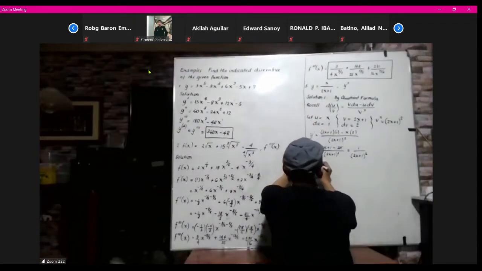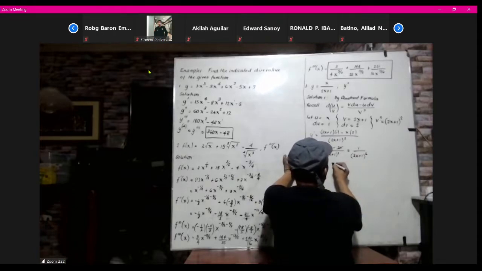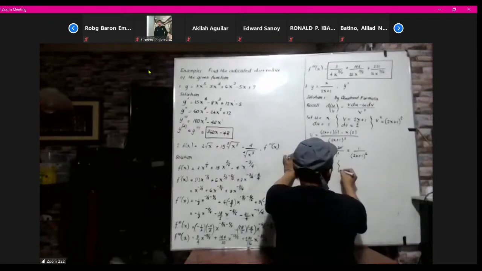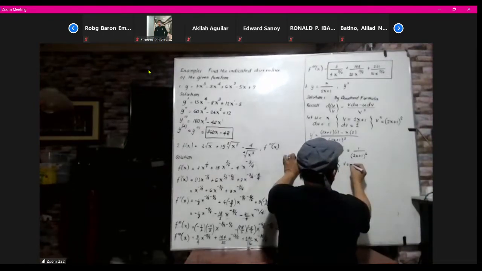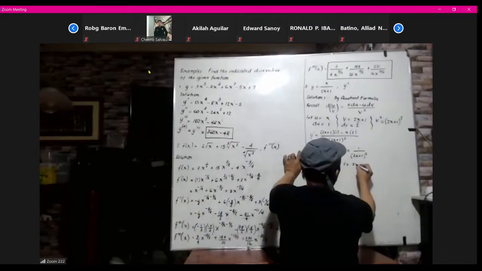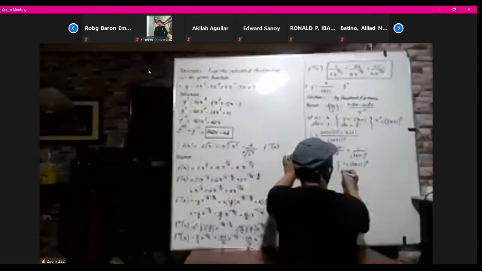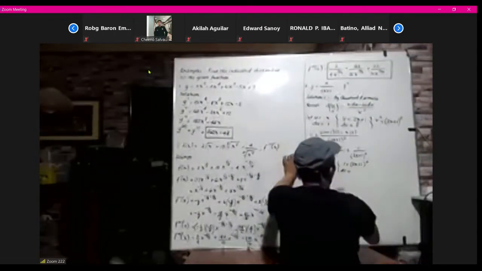So again, let u, kasi hindi pa tayo nag-second derivative, let u is equal to 1. Derivative of u equals 0. Then sumunod, v is equal to 2x plus 1 squared. So therefore, dv. Anong dv natin?